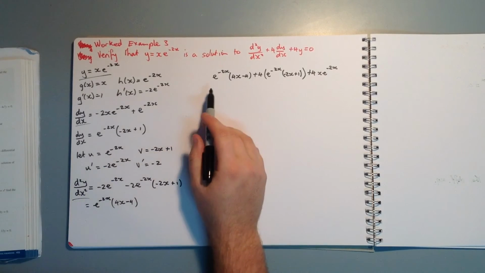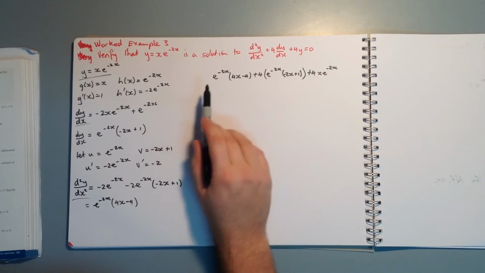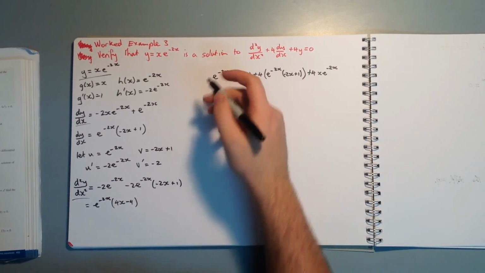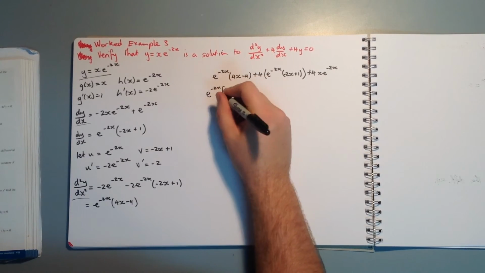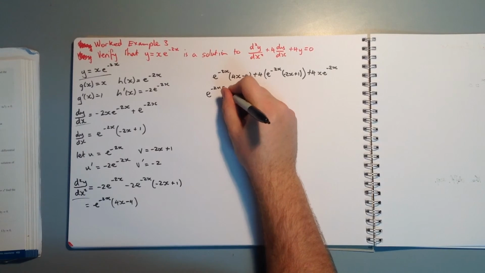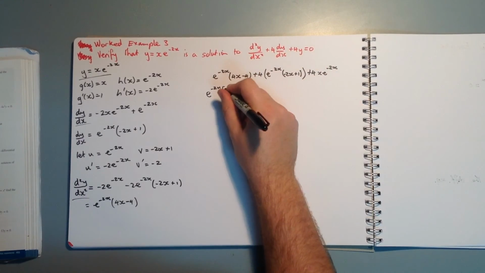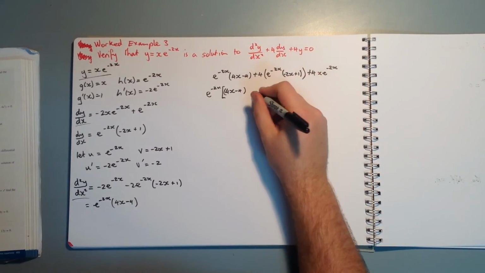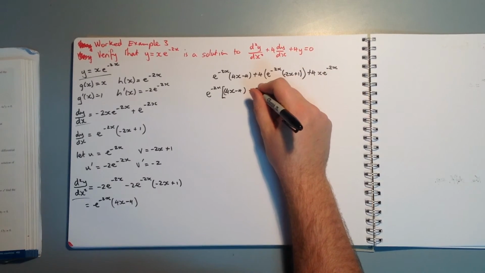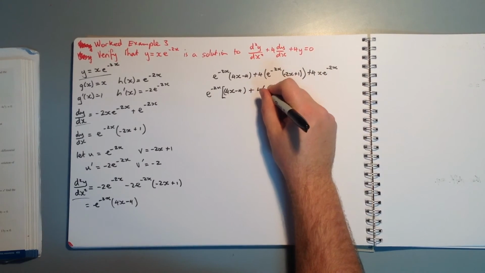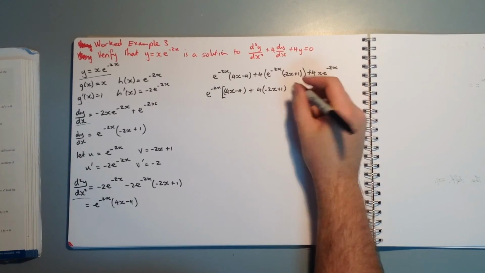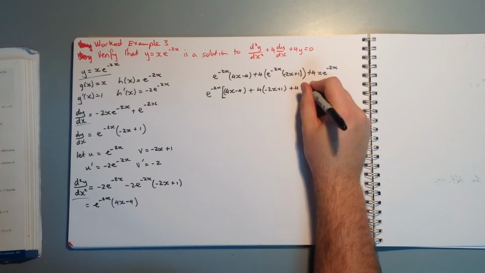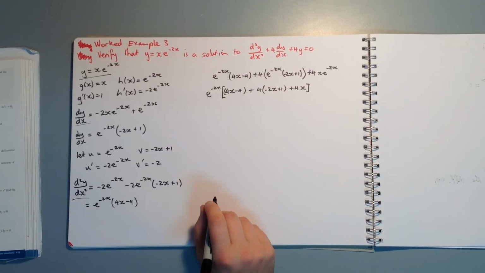What we can then do is bring out our e to the negative 2x as a common factor. We're going to be left with our 4x minus 4, then 4 times our minus 2x plus 1, and 4x.